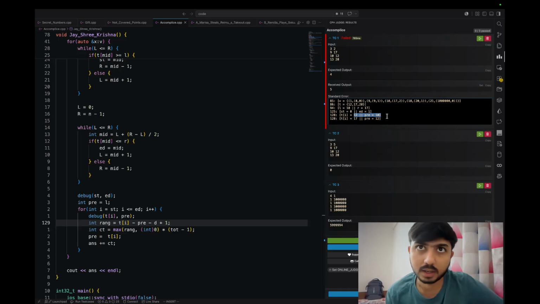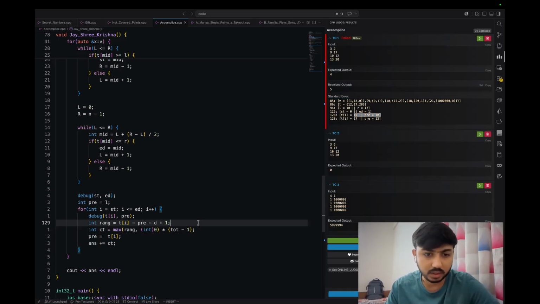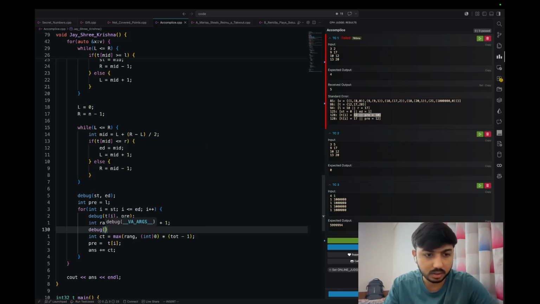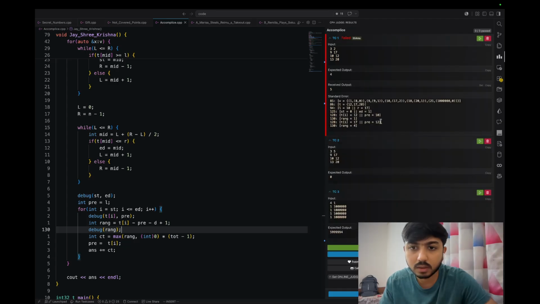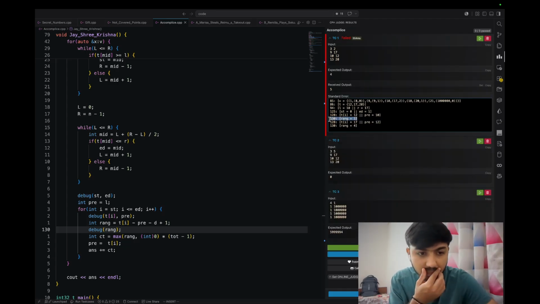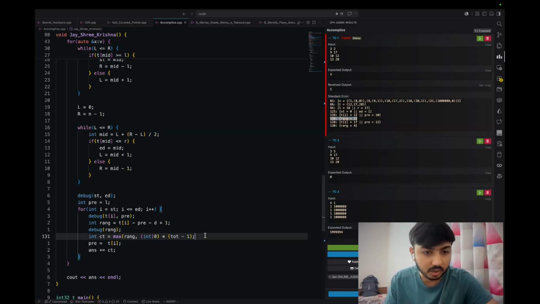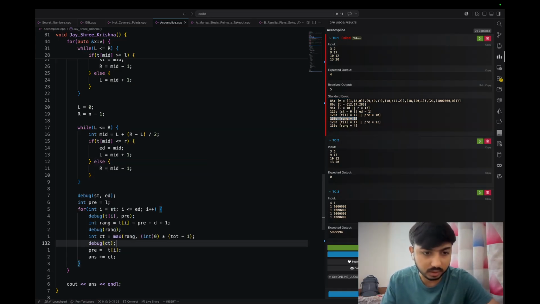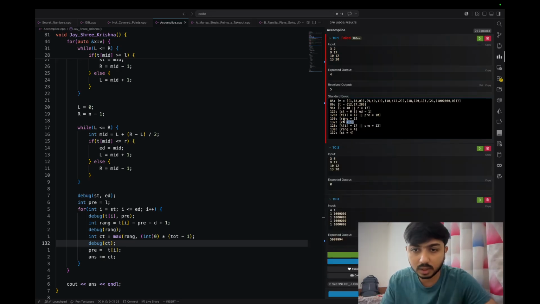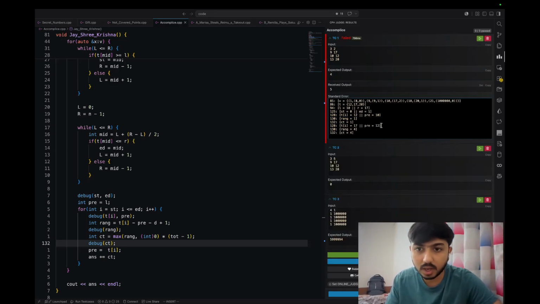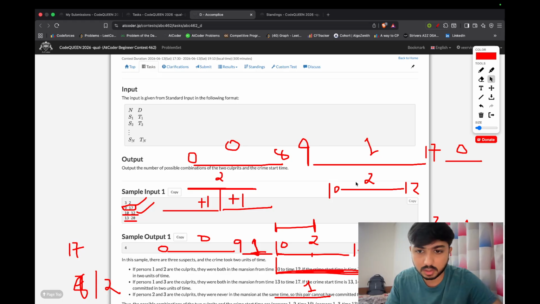Okay, 10 and 12. Range is 1, and the count is also 1. Range is 1, count is 1. Then we have from 12 to 17.